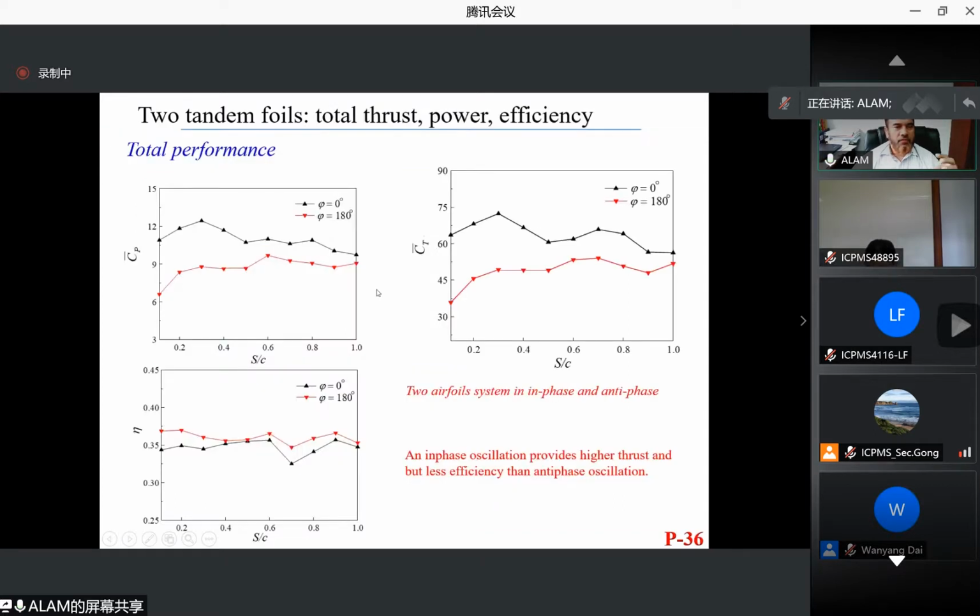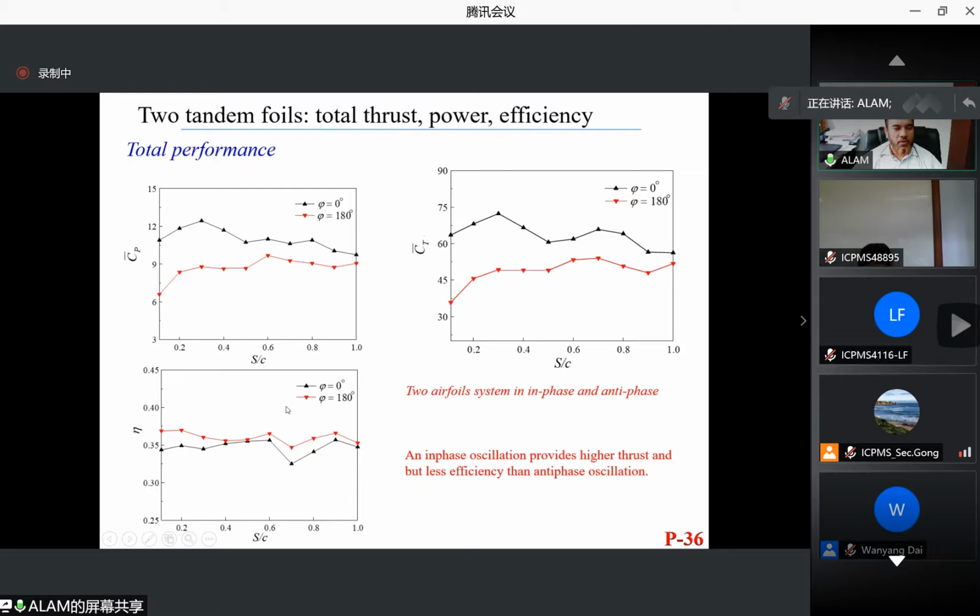Then if you consider the total performance for the two tandem foils, what we see? Again, we see the total power they need for in-phase is higher. Also, thrust is higher for the in-phase condition. But the efficiency is lower for the in-phase condition. This scenario is different.